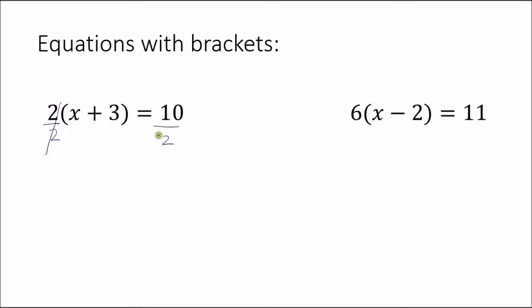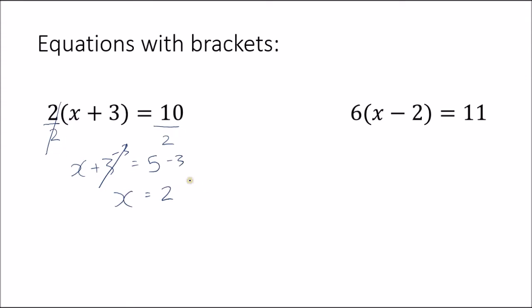These will cancel, then what I'm left with is x plus 3 equals 5, and then I will take 3 from both sides, and what I'm left with is x equals 2. Now that is following the process that we've talked about previously, and it will work.